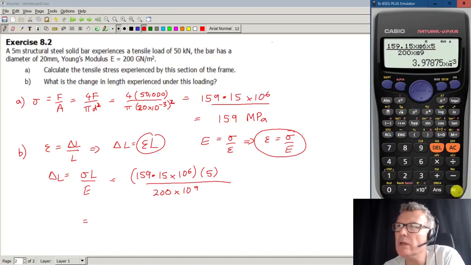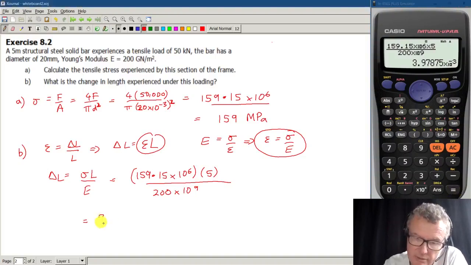So we want to be stating our answers in a sensible unit. So we've already got sensible units here, times 10 to the minus 3. So I know I'm in SI units, so something times 10 to the minus 3 is a millimeter.